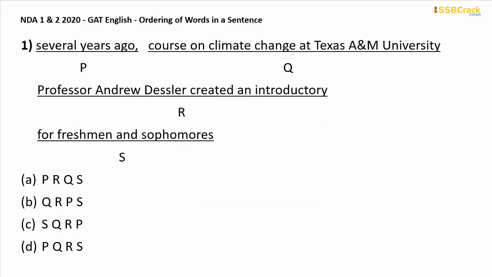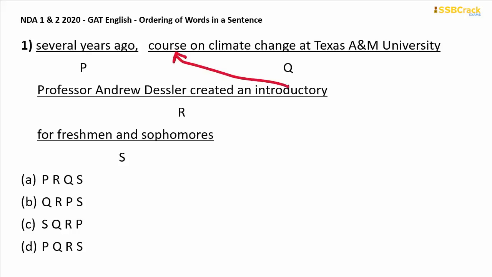So here you are, the first question. Several years ago, course on climate change at Texas A&M University, Professor Andrew Dessler created an introductory for freshmen and sophomores. So you need to find out the connecting link, and once you have found out the link, you can easily solve it. So Professor Andrew Dessler created an introductory course.